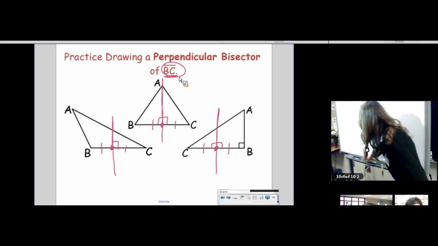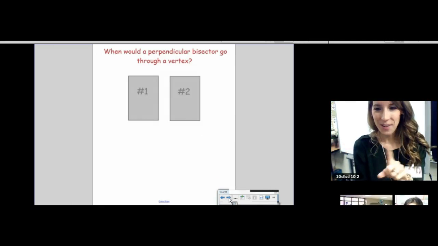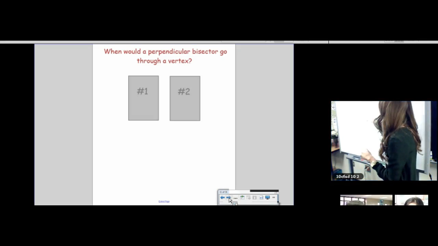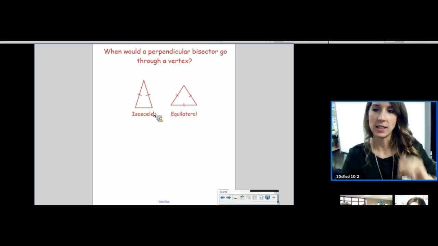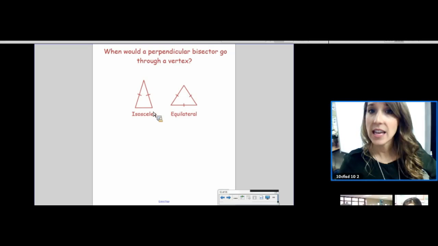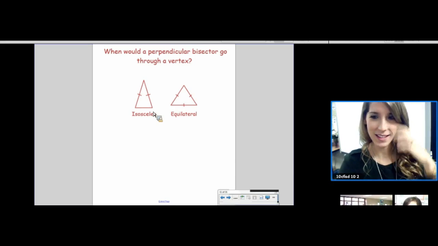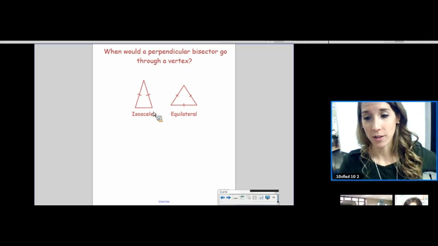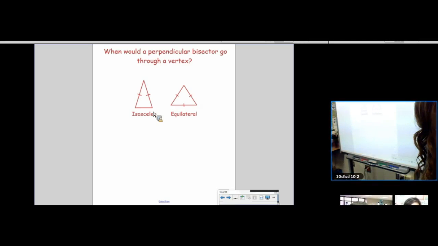What do you think? Equilateral, and you guessed it, isosceles, yes. So a perpendicular bisector, these are called the special cases. It will go through a vertex if and only if the triangle is isosceles. And when I say it's isosceles, that also means when a triangle is equilateral. And when I say equilateral, that's also including isosceles. Both of them.